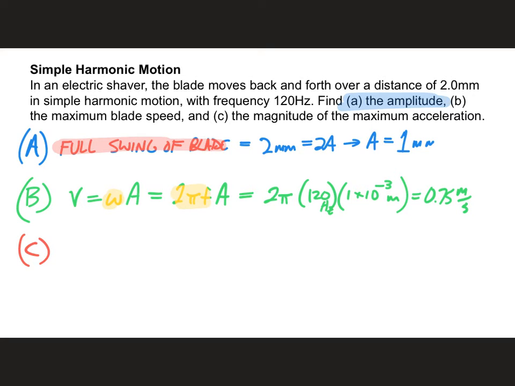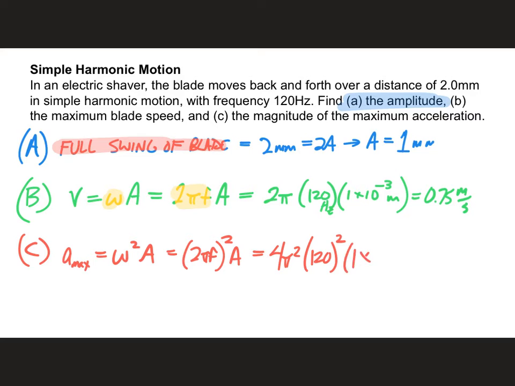Then it wants to know the maximum acceleration, and we have another equation that was in the note-taking video. I derived where this equation comes from, but it's another linear to angular or vice versa thing. So omega squared, well, 2 pi f is omega. I can square that. So I'll get 4 pi squared times 120 hertz squared times 1 times 10 to the minus 3 meters.